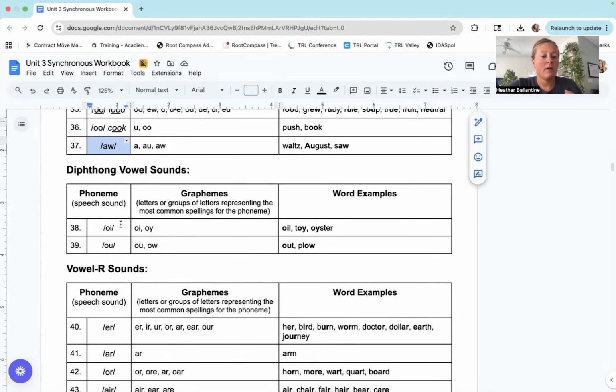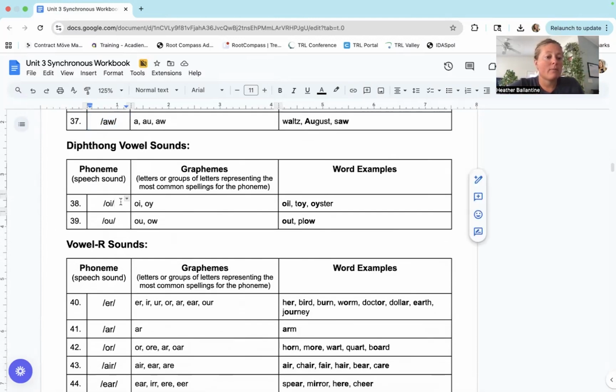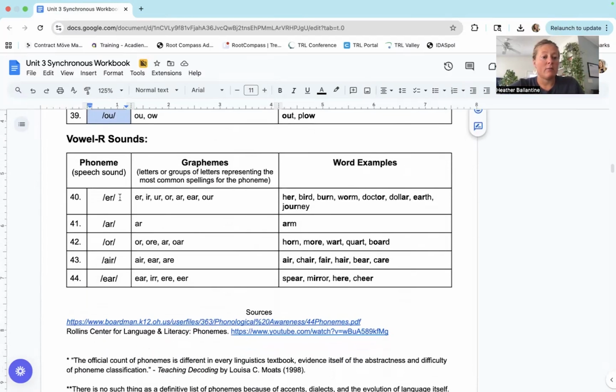All right. So the next two sounds are oi and ow. And then we have these vowel R sounds. This is the one that's often confused with the R sound. We have ar, or, air, and ear.